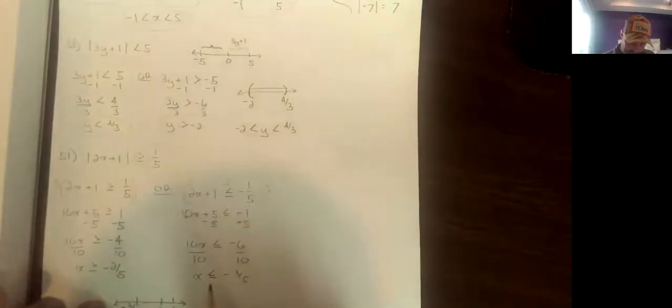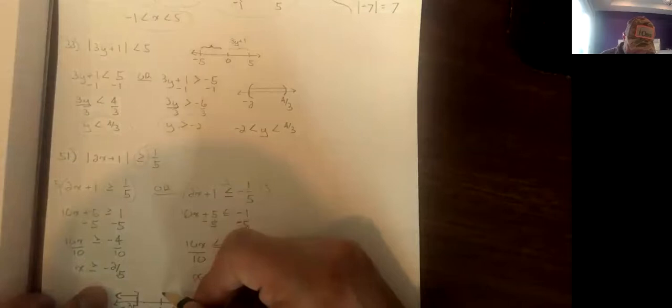We'll say this is negative 2/5, and x is less than or equal to negative 3/5, and x is greater than or equal to negative 2/5.